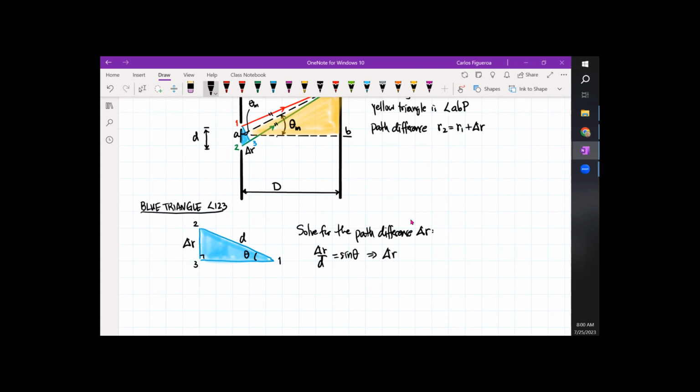So then delta R is going to be d sine theta. So it turns out that this becomes an important relationship for two-slit interference, and you'll see in a minute why. So that's what solves here for delta R.